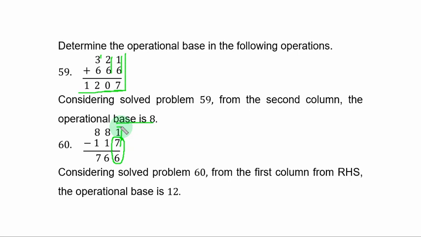So for you to get that 13, it means that the 1 you borrow from this 8 is equivalent to 12, which you add to 1 to get 13. And 13 minus 7 is 6. So the operational base is base 12.